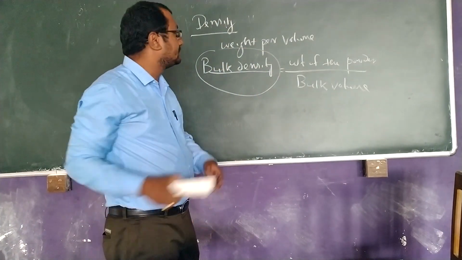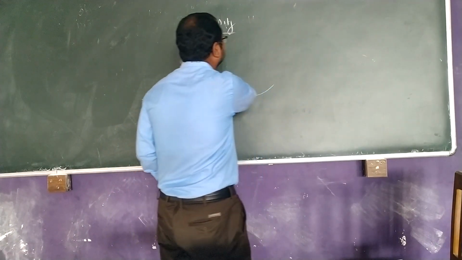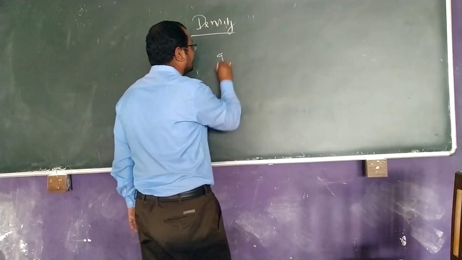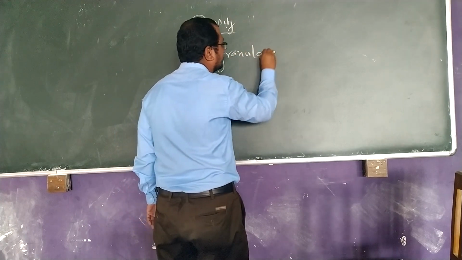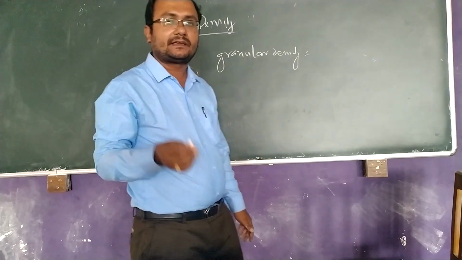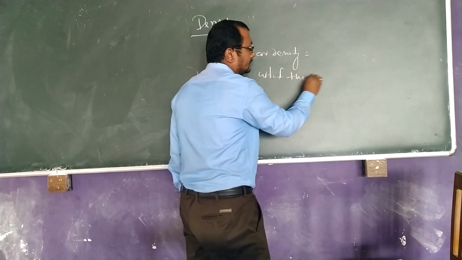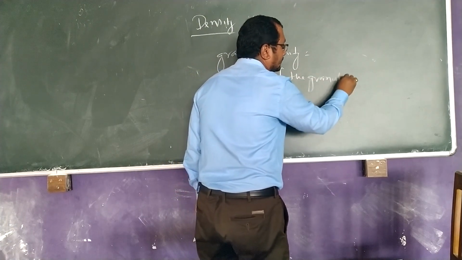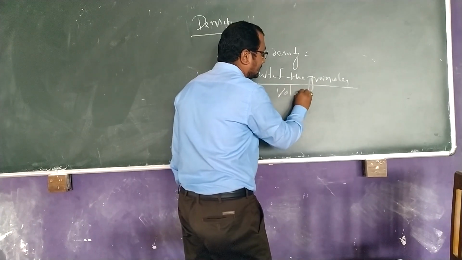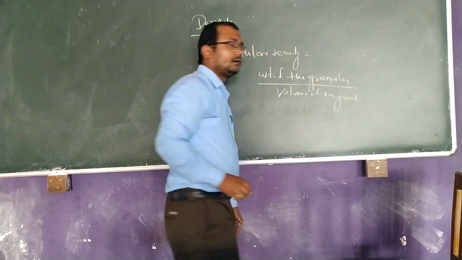Then coming to the next one, granular density. This granular density we can calculate by taking the weight of the granules divided by the volume of the granules, or granular volume.